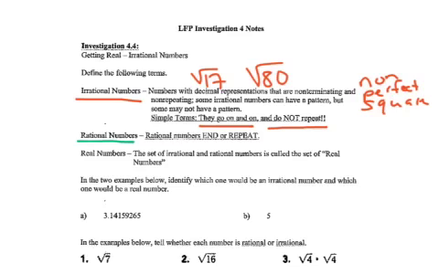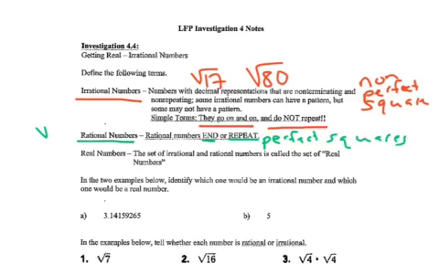Rational numbers, on the other hand, end or terminate, and they also can repeat. So any number that terminates, ends, or repeats is a rational number. You can also note that all perfect squares are rational.